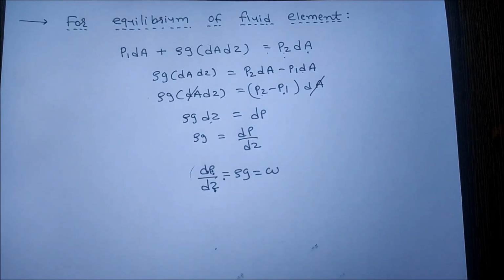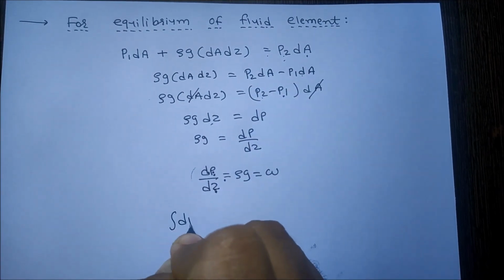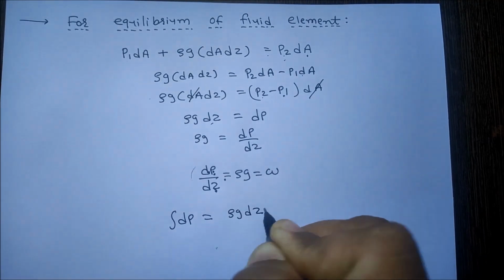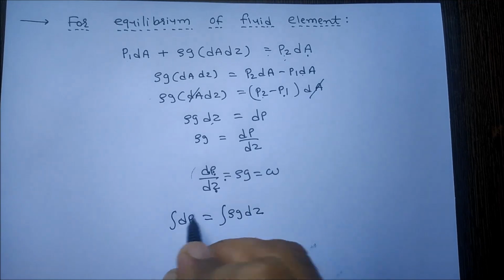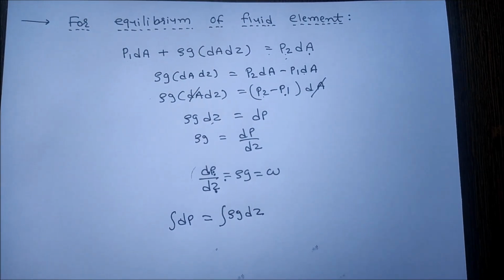Next we integrate the above equation for liquids. So dP is equal to rho g dz. Integrate this equation on both sides. For liquids, liquids are generally incompressible fluid. Incompressible fluid means density remains constant.